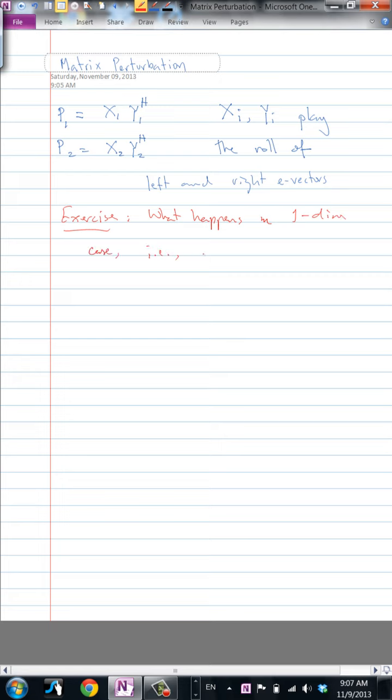In other words, check what happens, and what I mean is what's x1, what's y1, what's x2, what's y2, etc., when X is a simple, invariant, and one-dimensional subspace.